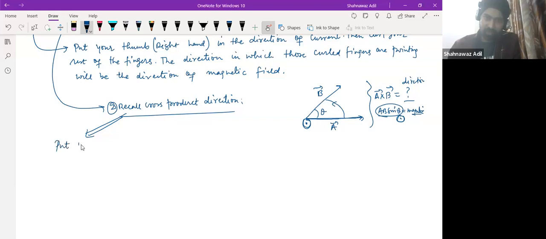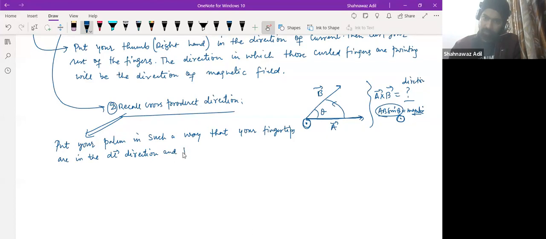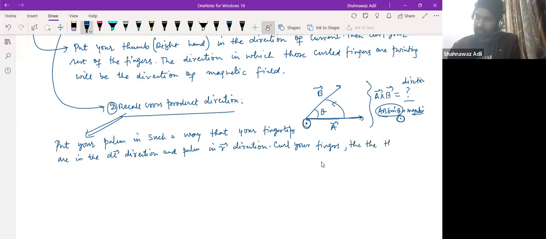Put your palm in such a way that your fingertips are in the dl direction and palm in the r direction. Curl your fingers, leaving your thumb.